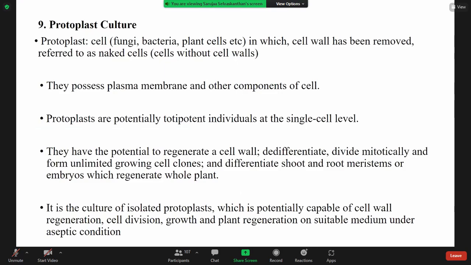Despite the absence of a cell wall, protoplasts can produce cells with cell walls, which go on for cell division, growth, multiplication, and regeneration.